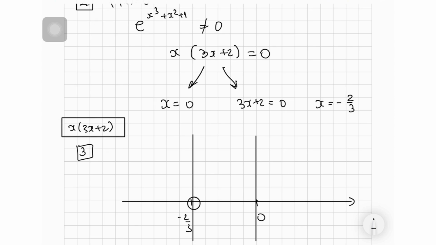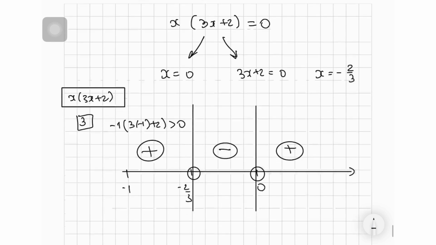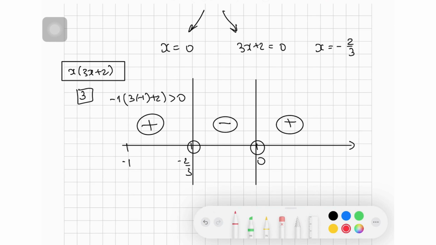Let's take here negative 1. So we have negative 1 times (3 times negative 1 plus 2). That is greater than 0, so it's positive. Then here is negative, and here is positive. What does that tell us about the function?